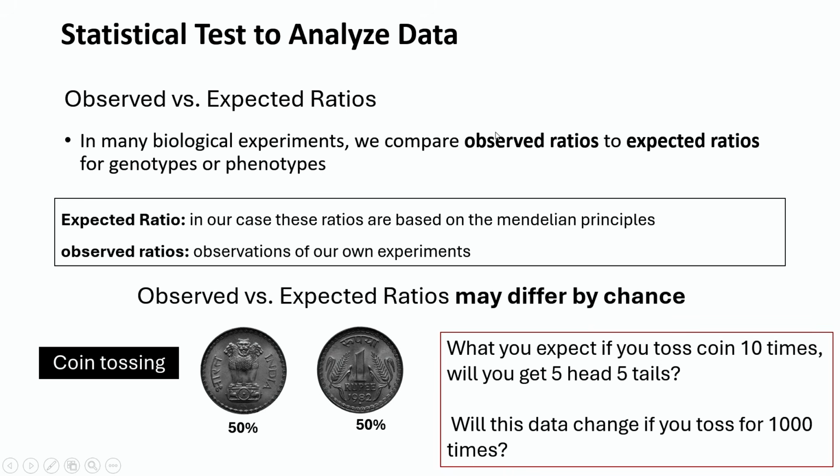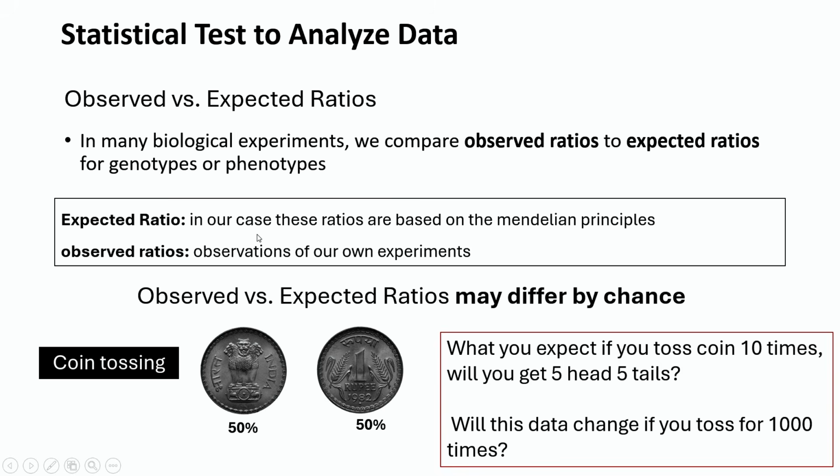So now we have two categories, observed data and expected data, and we are trying to understand their ratios. So in many biological experiments we compare the observed ratios with expected ratios, because then only we know whether what I am getting is something which is expected or it is deviating from the expected, which indicates that there is something happening to the data.